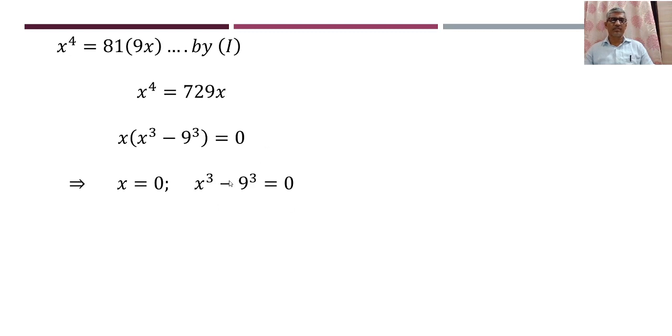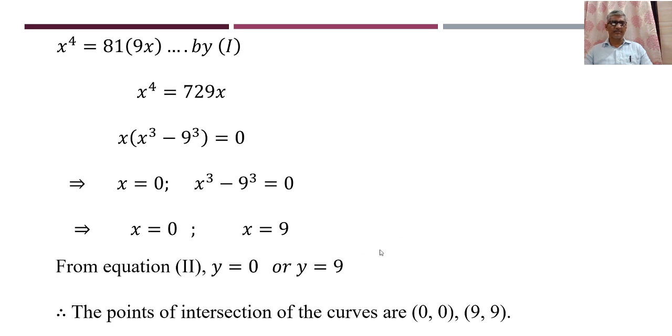Therefore x equal to 0 or x cube minus 9 cube equal to 0, so x cube equal to 9 cube. Taking cube roots on both sides, x equal to 9. Is it correct? These are the points of intersection of the two curves: x equal to 0 and x equal to 9.